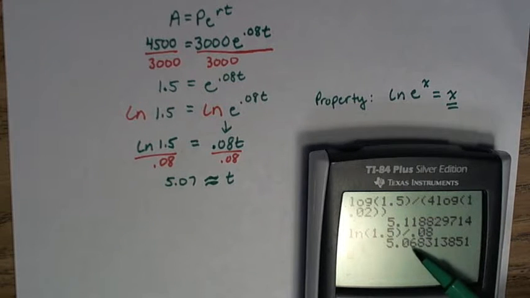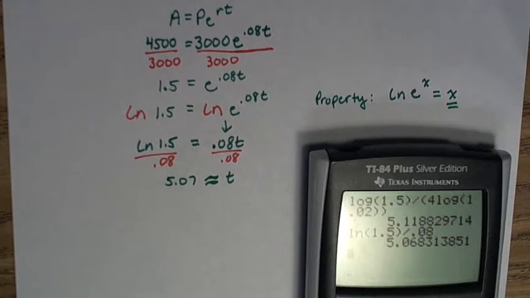When you compound continuously, it's not going to take quite as long to get the amount of money. So there is a benefit to continuous compound interest. And that's why a lot of people like to have retirement accounts when they're younger, because if you're compounding the interest, it's going to grow more rapidly throughout your lifetime.